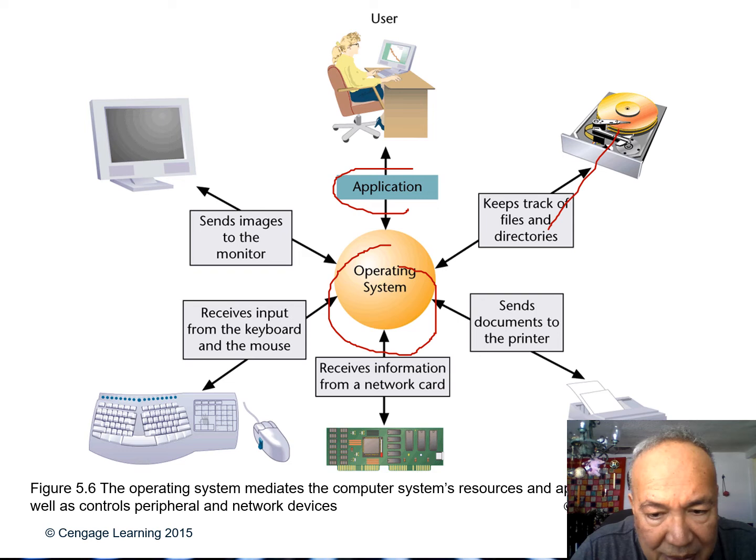The system software sends images to the monitor, receives input from the keyboard, receives information from the network card and the internet, sends documentation to the printer, and keeps track of files and directories.